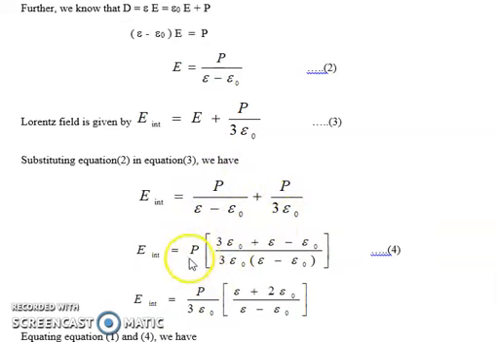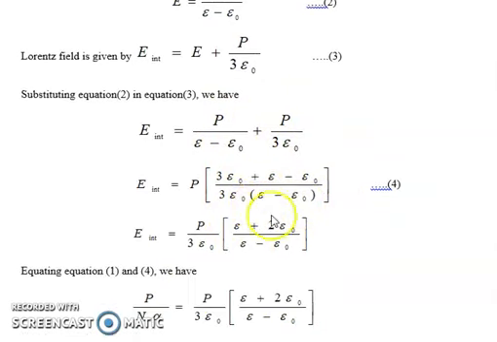Take the LCM: 3 epsilon naught plus epsilon minus epsilon naught, divided by 3 epsilon naught into epsilon minus epsilon naught. So 3 epsilon naught minus epsilon naught will give us 2 epsilon naught, and I have plus epsilon here. Similarly, this 3 epsilon naught, bring it here, so P by 3 epsilon naught, then we have epsilon minus epsilon naught.